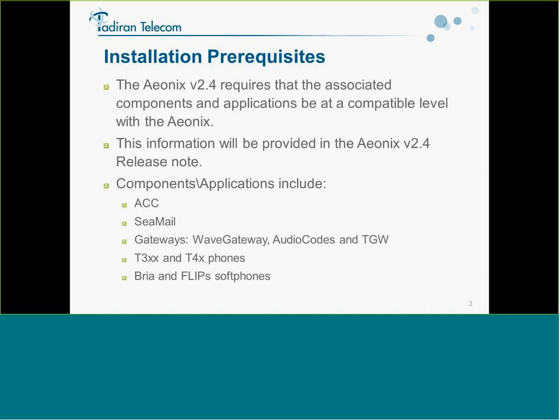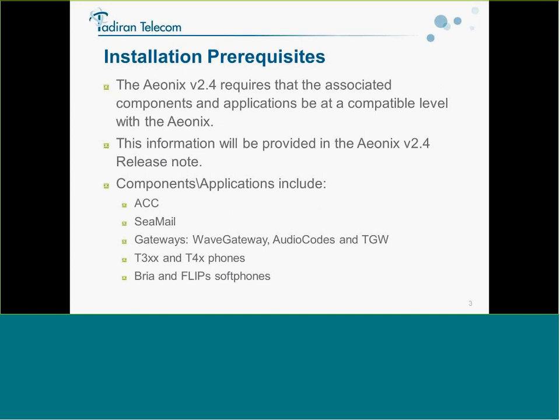The installation prerequisites, as always: you need to make sure that all the associated component applications are at a compatible level with the Aeonix. So if Aeonix is version 2.4, then the ACC has to be a certain version, the CMail should be a certain version, the gateways should all be at a certain version, and the T300 and T40 phones, although that's pretty much automatically controlled by the Aeonix itself, because with provisioning those firmware levels are automatically loaded to the correct levels.